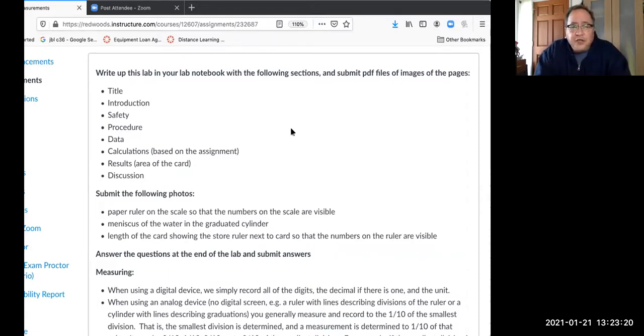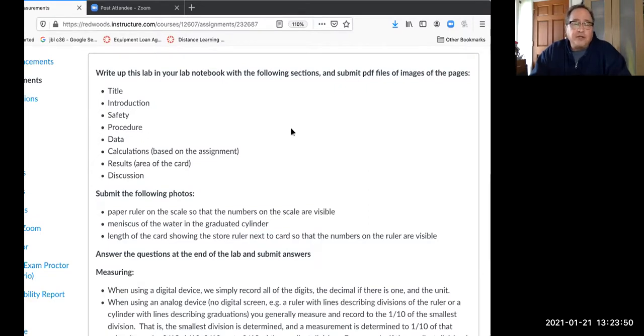For the procedure, you describe what you're doing in the lab. Sometimes you like to have the procedure written ahead of time, but while you're doing the procedure, you're going to write it up in your lab notebook. And then you want a data section. With the data, you want to collect the data in your lab notebook, and it's difficult to know where to begin the data section and where to end the procedure if you're writing the procedure as you're doing the lab, and collecting data as you're doing the lab.